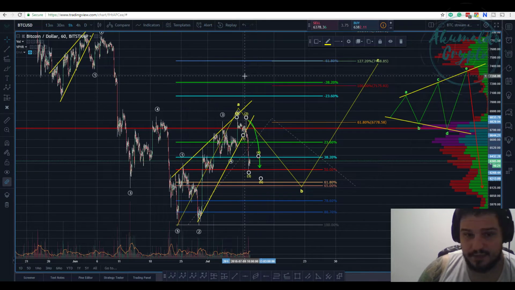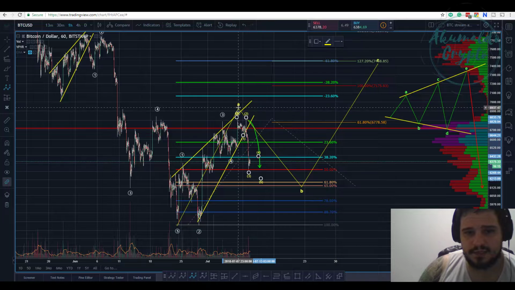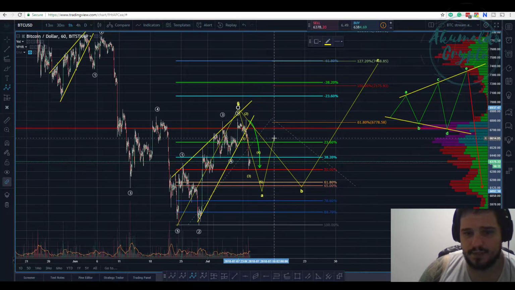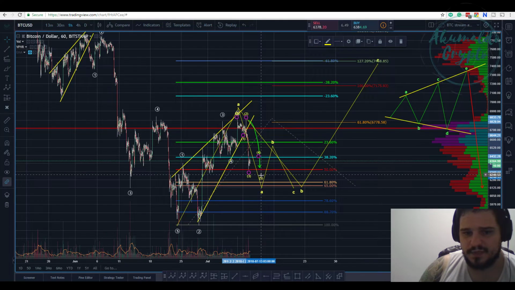Okay, so imagine that we put 5 waves down, one wave up. Okay, something like this. This is our A. Okay, B 50%, it's like here, and a C. Okay, something like this.